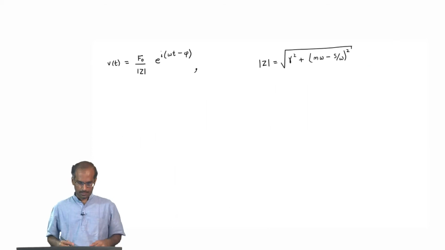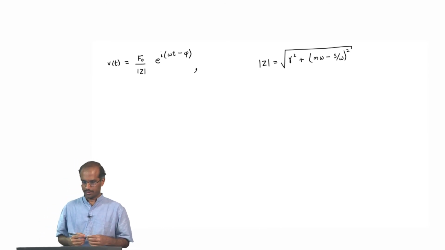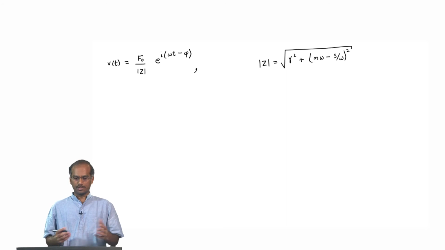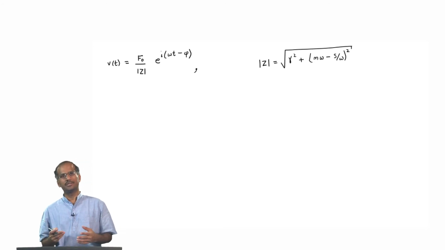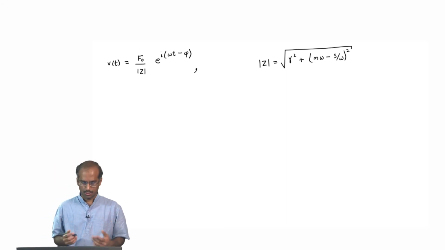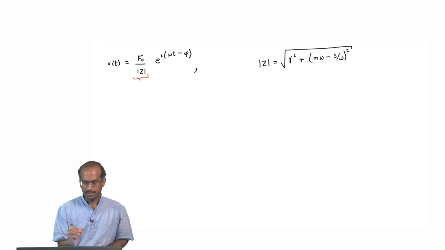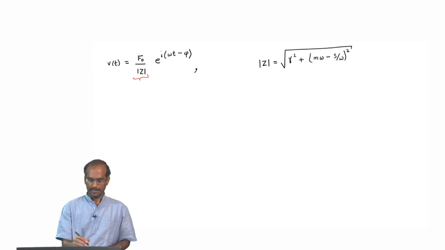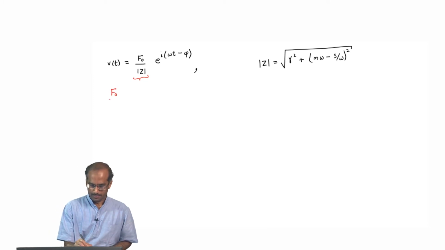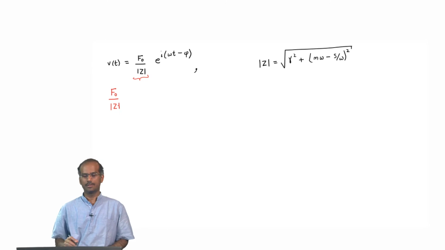Okay, so, I have the solution for velocity as a function of time here. So, irrespective of what initial conditions we might choose, the amplitude of the velocity would still be given by this quantity f0 by mod z.